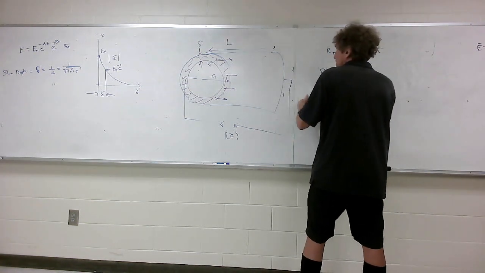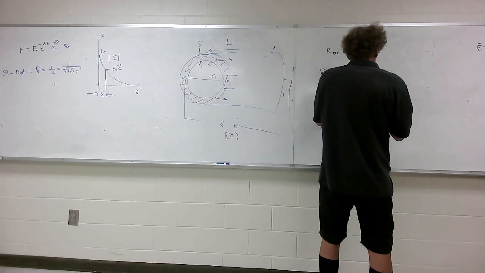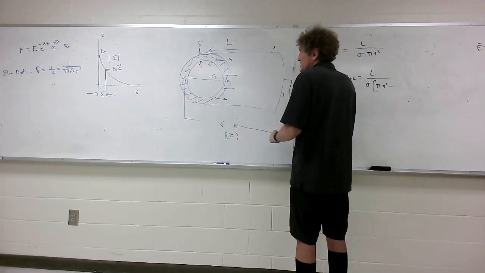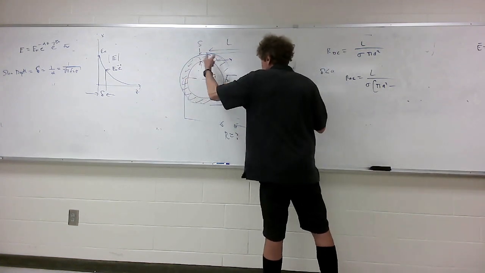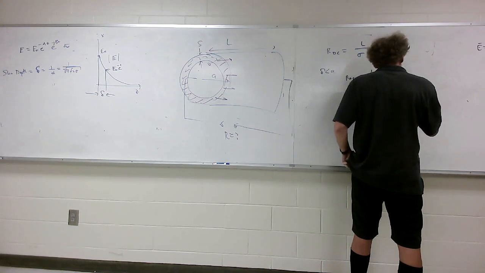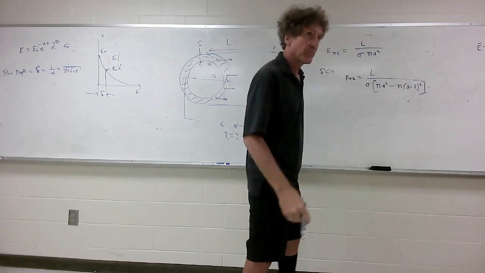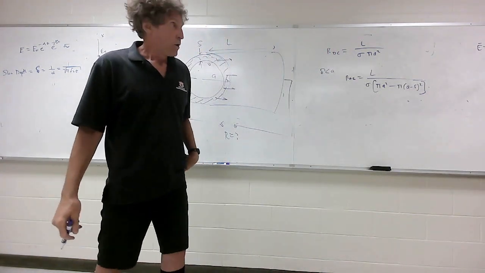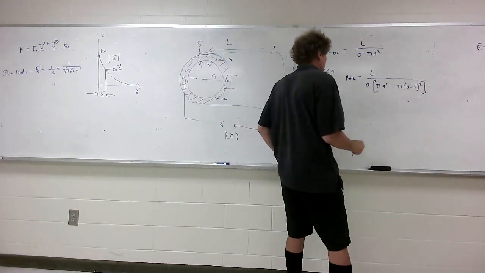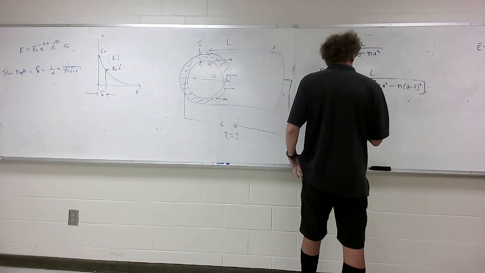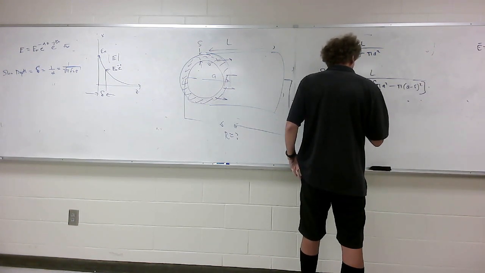We can take the area of the entire thing, which is pi a squared, and then subtract the area just inside there, which would be pi times the quantity a minus the skin depth squared. Does that make sense to you? Right? Okay, keep looking at that, and you can see that R_AC, or high frequency, would be L over sigma.